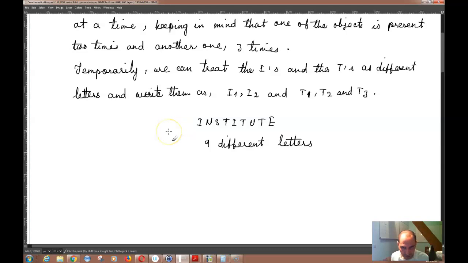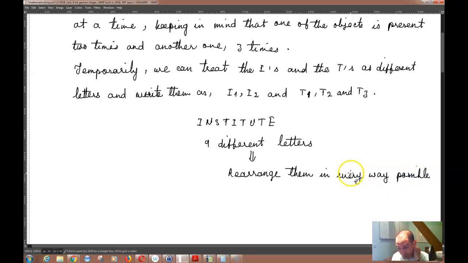You want to rearrange them in every way possible. The question I want to answer is how many such different arrangements of these letters are there?